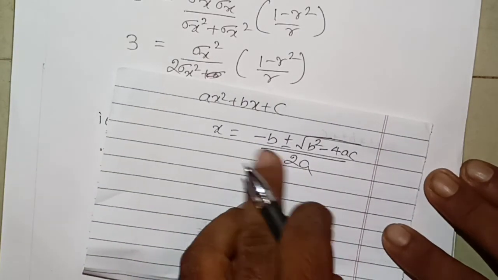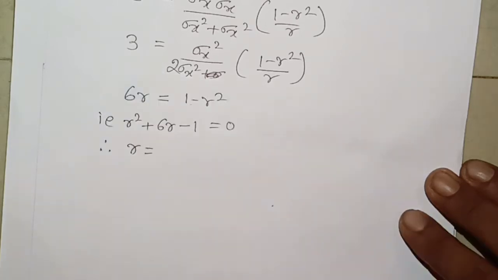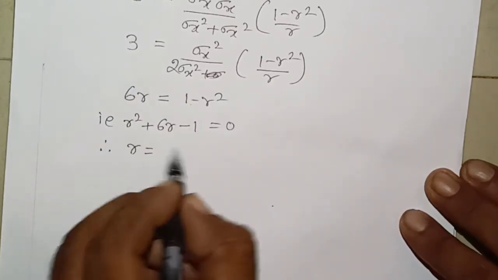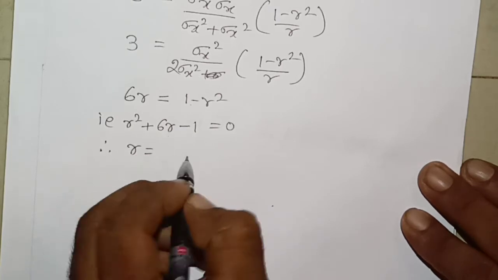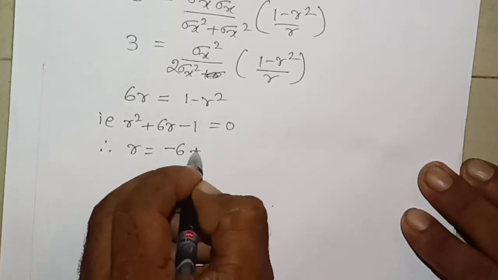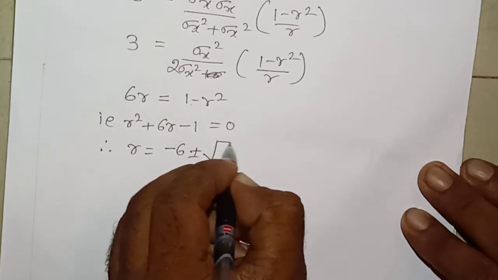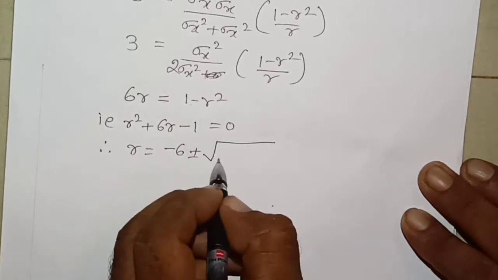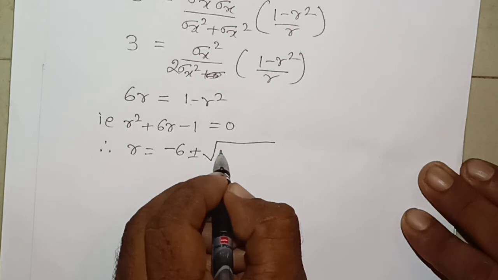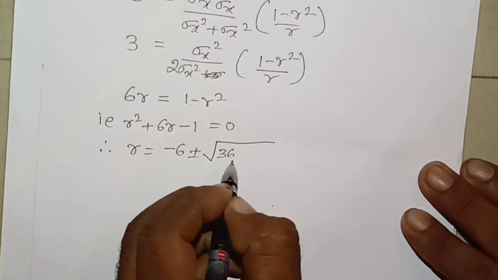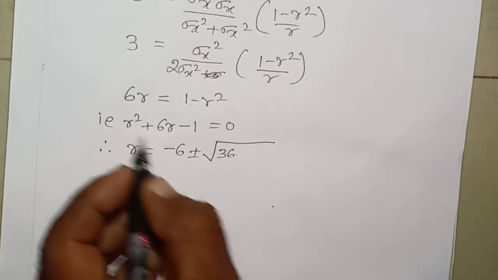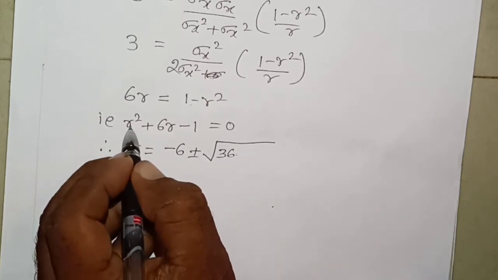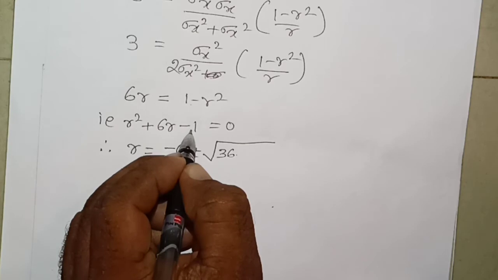So here in place of x, r is equal to minus b means minus 6 plus or minus square root of b square is 36 minus 4ac.